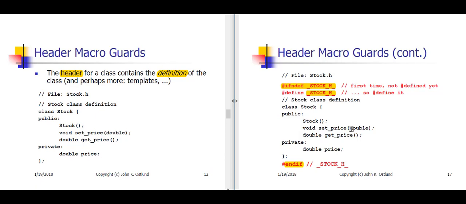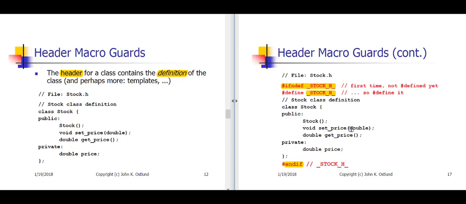So that means if we did use _STOCK_H_ in some part of our program, it would be replaced with literally no characters. But what we're using this token for is to prevent multiple inclusions of stock.h from causing us a problem.